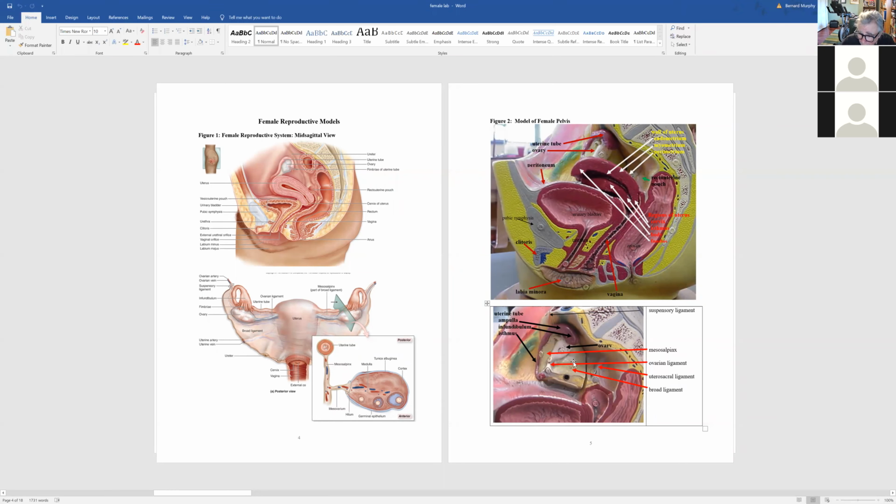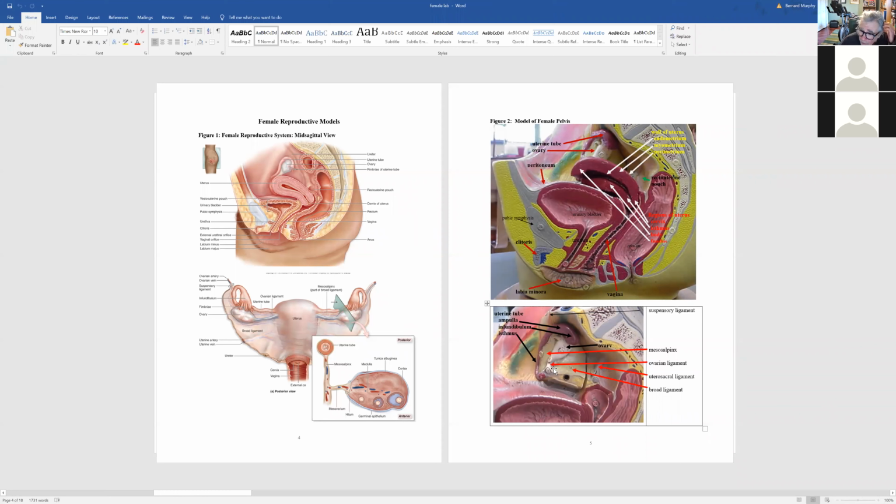Then on the other side of the ovary, the inner side, is the broad ligament. And finally over here, this cord-like ligament is called the uterosacral ligament. And I think it holds the uterus in place.